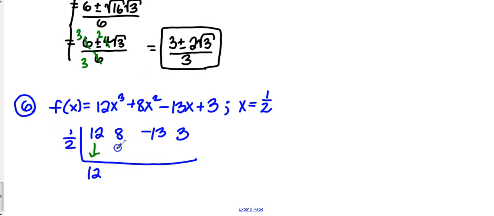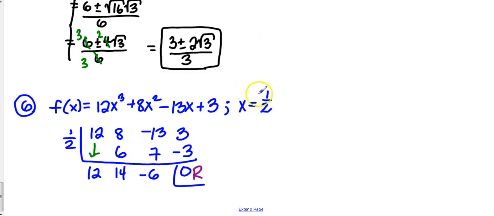Half of 12 is 6. Add straight down. We get 14. Half of 14 is 7. Add straight down. Negative 6. Half of negative 6, negative 3. Add straight down, and we get 0.